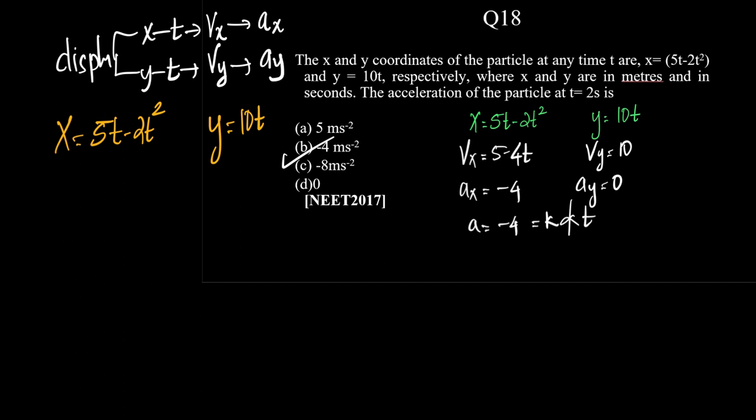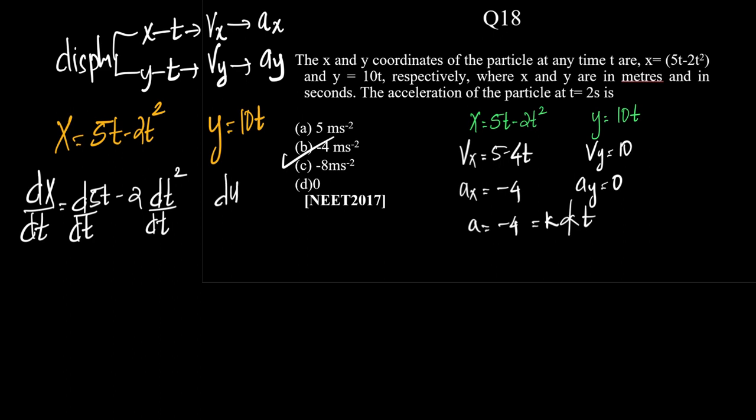So dx by dt will be equal to d by dt of 5t minus d by dt of t square, and dy by dt will be equal to 10 into d by dt of t.